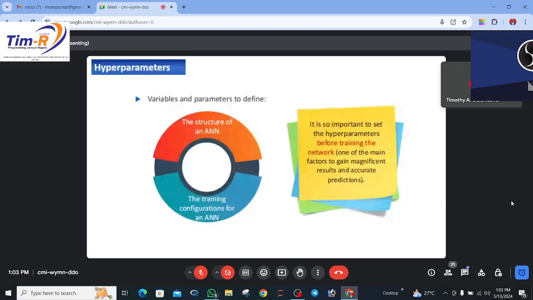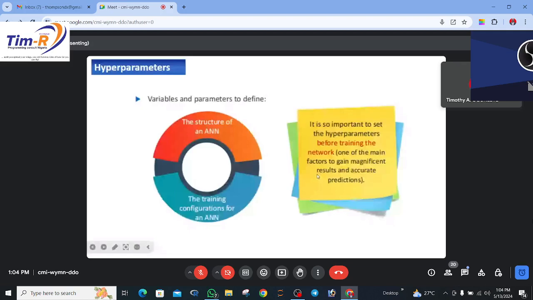The training configuration for the artificial neural network covers the batch size, number of iterations, number of epochs, etc. So it is very important to set the hyperparameters before training the network, because one of the main factors to gain magnificent results and accurate predictions is considering the structure of the artificial neural network and the training configurations, just like we have pointed out the batch size, number of epochs, the iterations, etc. So we need to define them. That's what I call the hyperparameters.